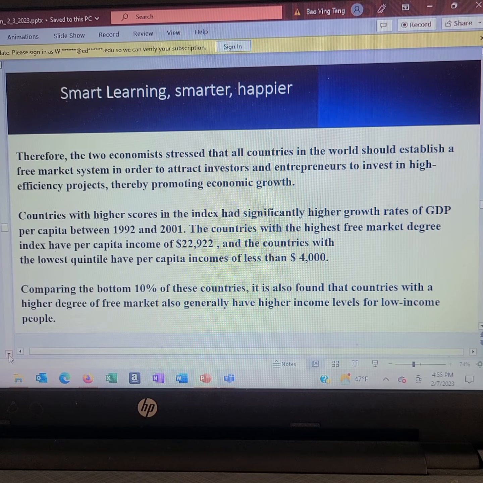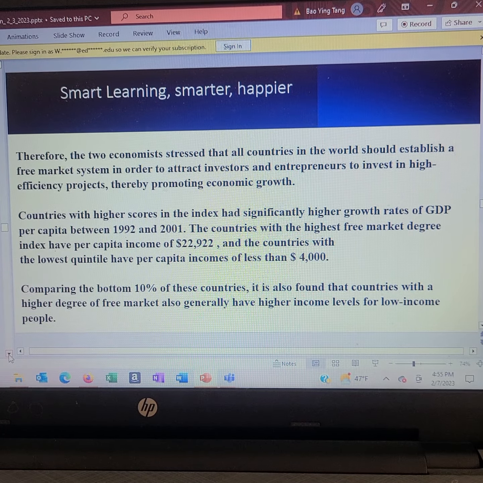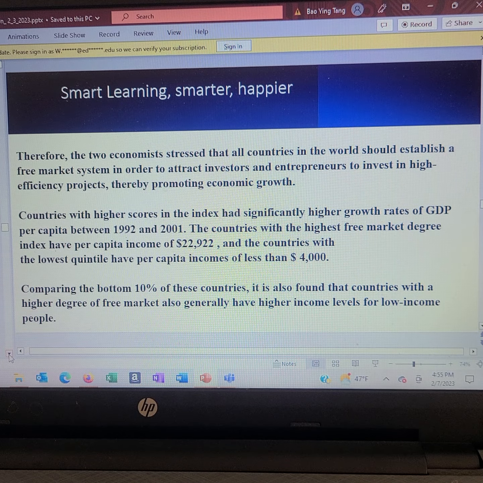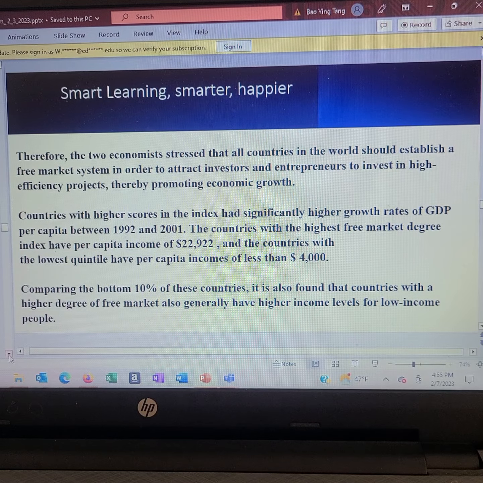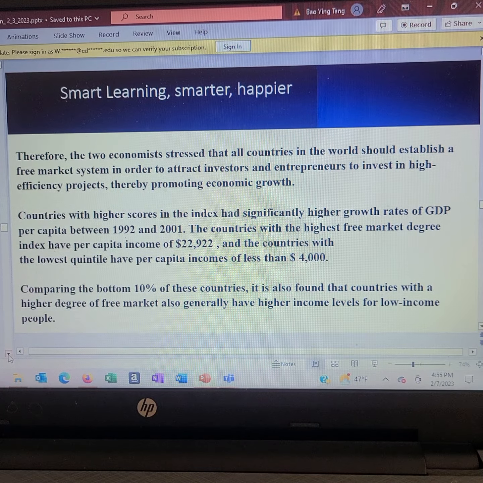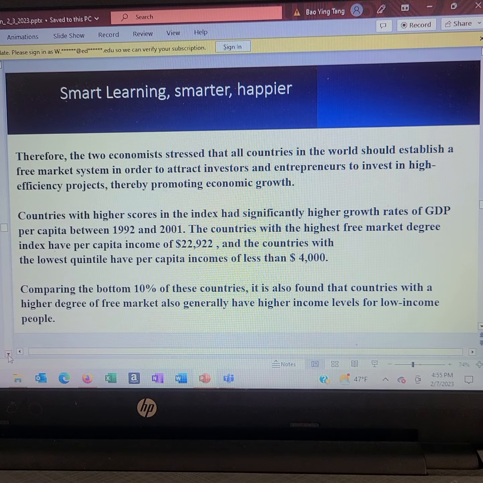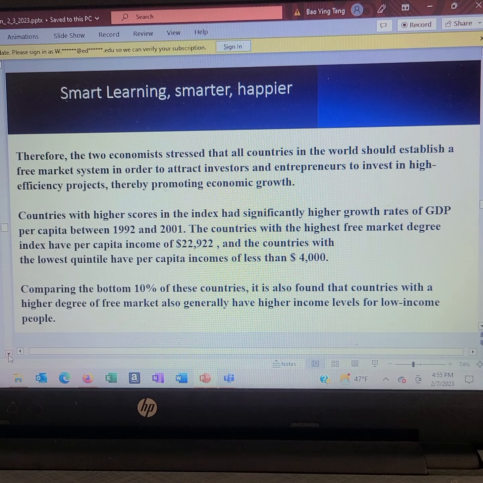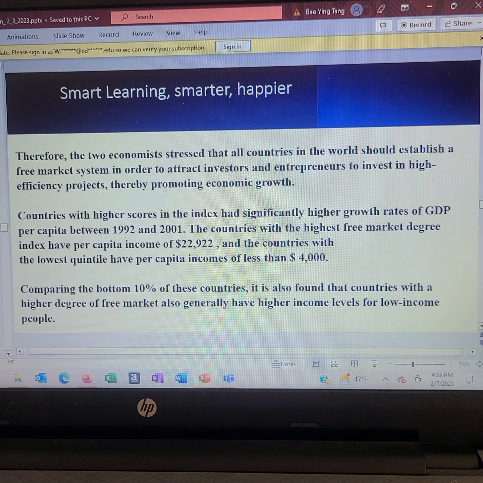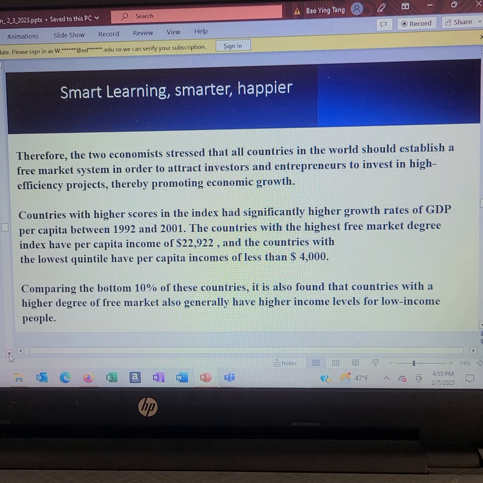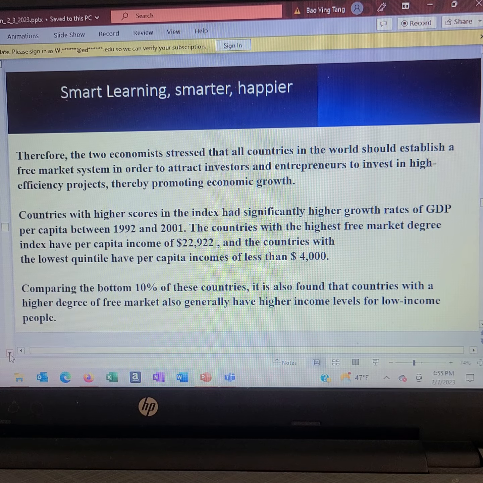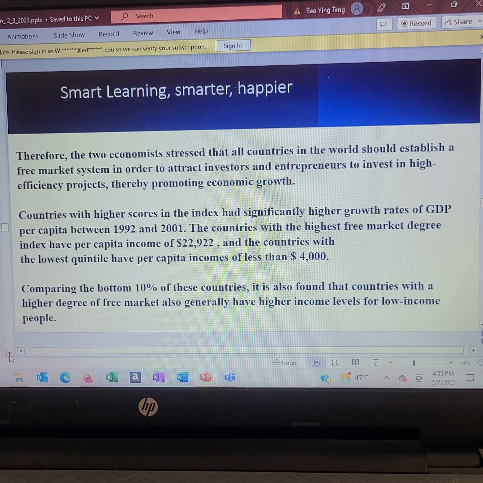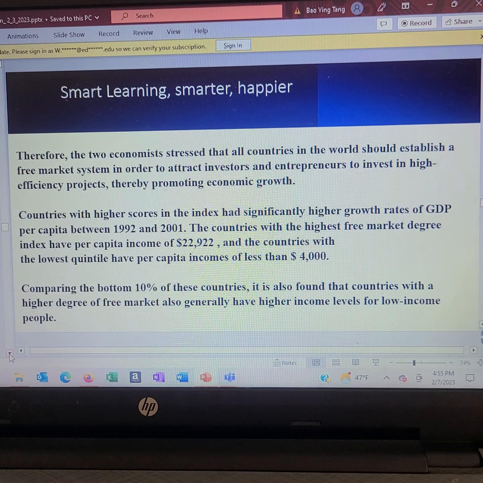Countries with higher scores in the index have significantly higher growth rates of GDP per capita between 1992 and the year 2001. The countries with the highest free market degree index have per capita income of $22,922, and the countries in the lowest quintile have per capita income of less than $4,000.